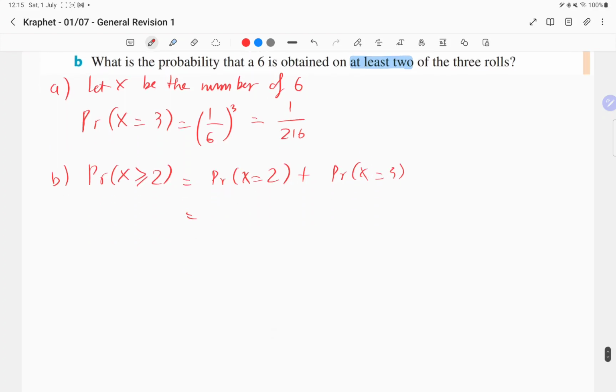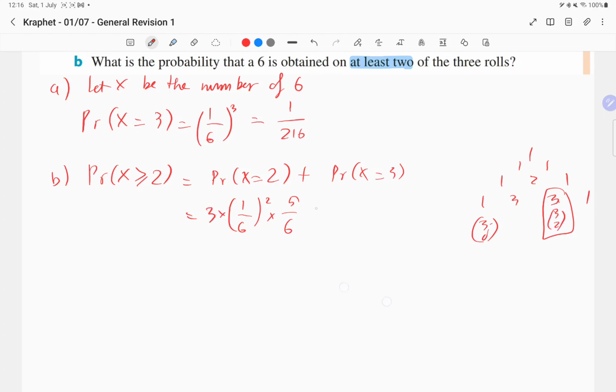So find P(x = 2). It will be the chance of success raised to the power 2, and the chance of failure, 5 over 6, raised to the power 1, and the first factor would be 3 choose 2. Once you get to that point, you use the table here: 3 choose 0, 3 choose 1, 3 choose 2 is this one here. That's just 3 times.